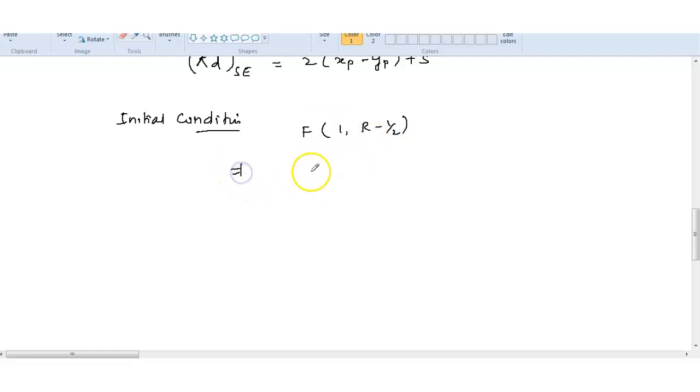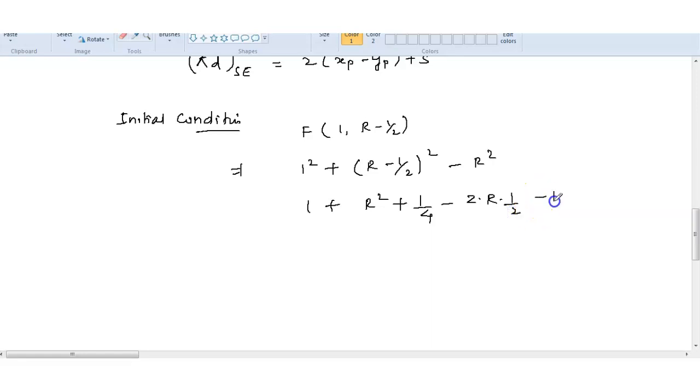If we substitute this in the equation of the circle, 1 square plus r minus half whole square minus r square, we get 1 plus r square plus 1 by 4 minus 2 into r into 1 by 2 minus r square.